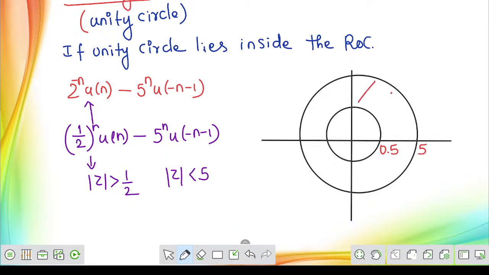The common ROC for both of them is this one. It means the region of convergence for this function exists for mod z between 0.5 and 5.